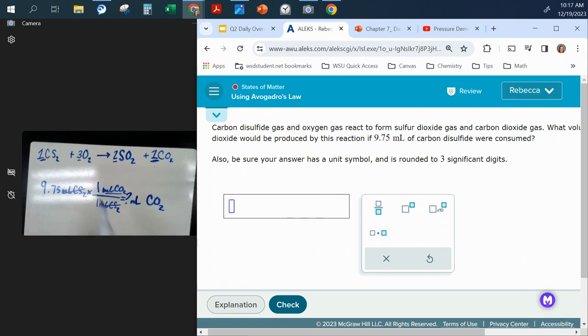So 9.75 times 1 is 9.75. So as long as it's a gas, we can use the molar ratios because of this ideal gas relationship. And that has 3, so our answer should have 3. This problem asks for units, so I'm just going to put the unit that I started with, milliliters.